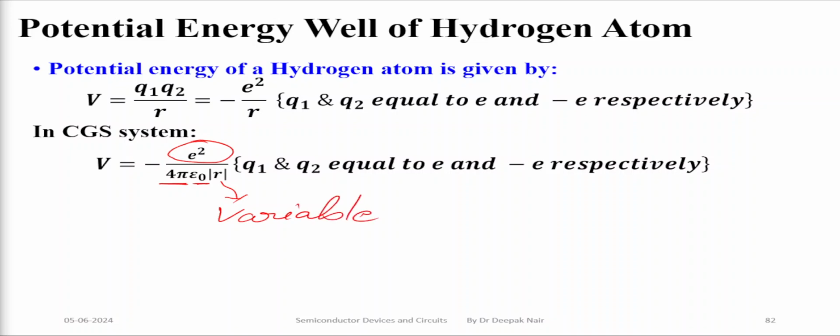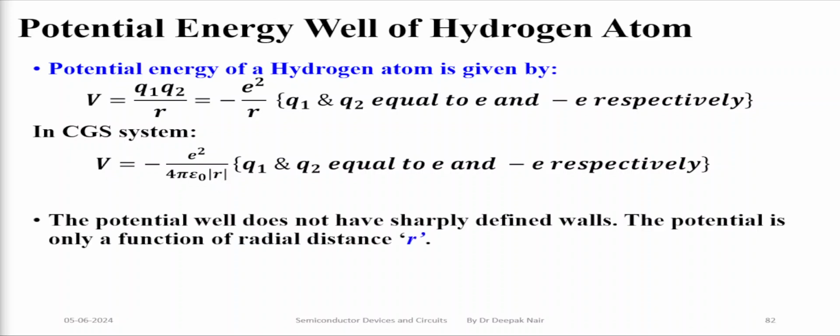So if we keep on changing the value of r, we may get different values of V, and that is also discrete. You cannot go for any random value. If we substitute different values of r, we will get different values of potential energy. So the potential well does not have any sharply defined walls.